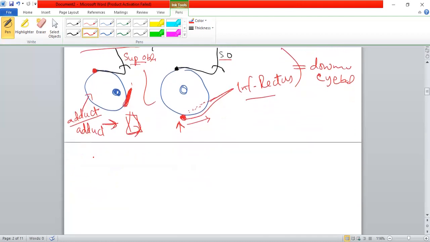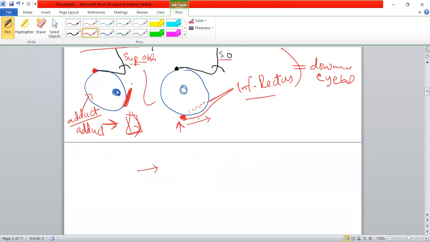Now, in many questions, what they tell you is that the patient is having a problem. He notices double vision. He notices double vision when he looks towards the opposite side or like this.